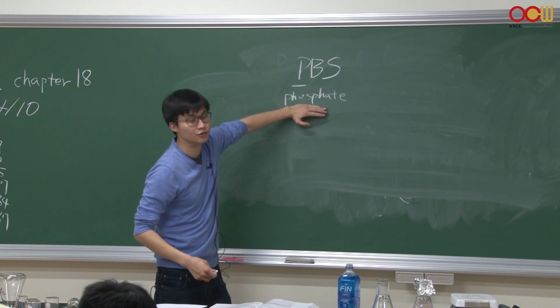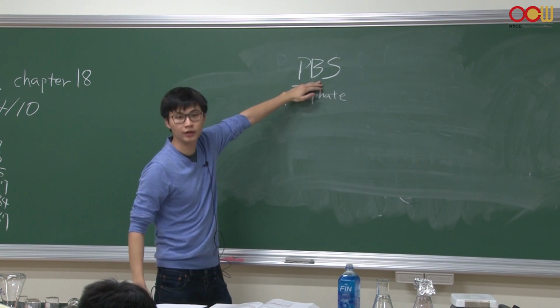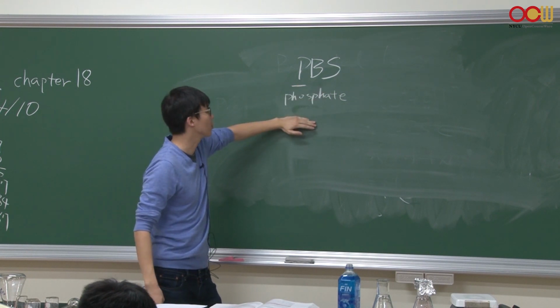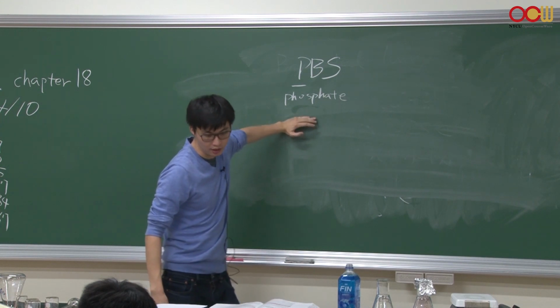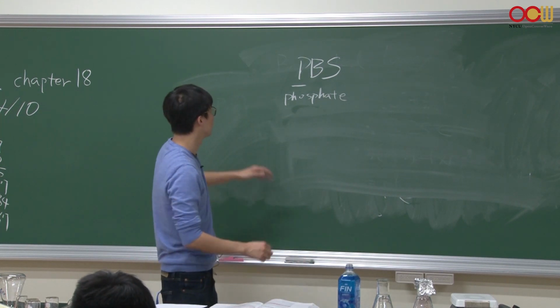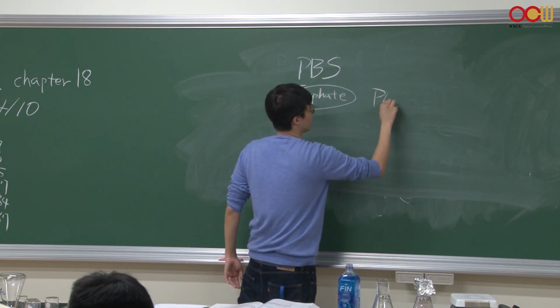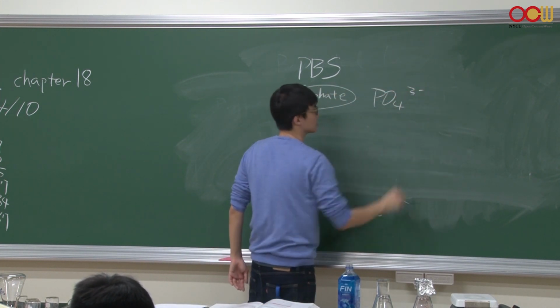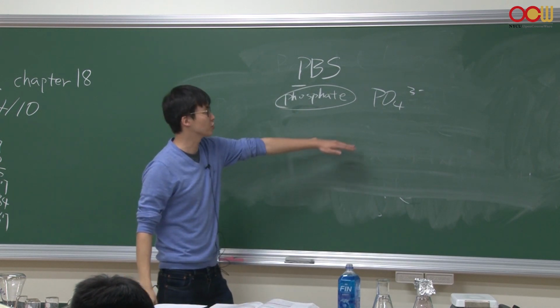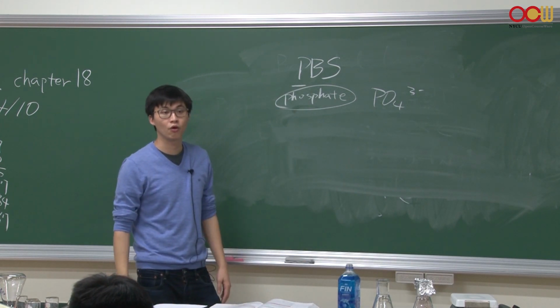The next chapter we'll talk about buffer, but we won't get into it now. Now we just want to look at the property of the polyprotic acid phosphate. We know phosphate is PO4 3-, so its original form is H3PO4.